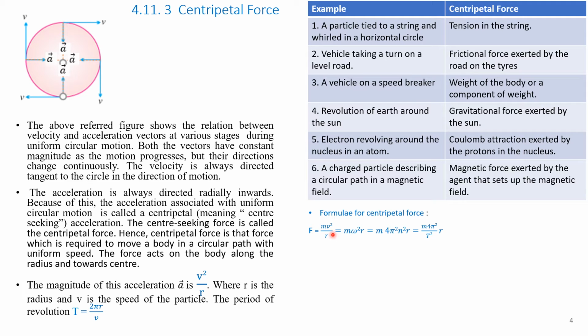This can also be expressed as m omega square r in terms of angular velocity omega. That is equal to m into 4 pi square n square r, since omega is equal to 2 pi n. That is equal to m into 4 pi square divided by T square into r.